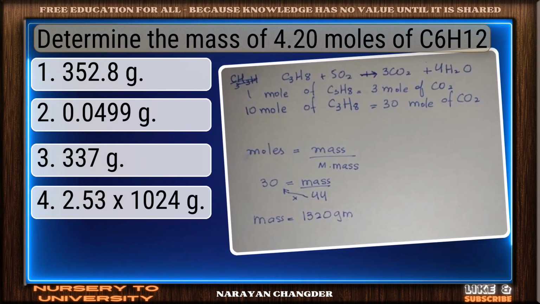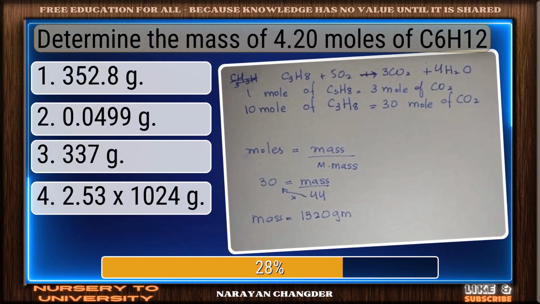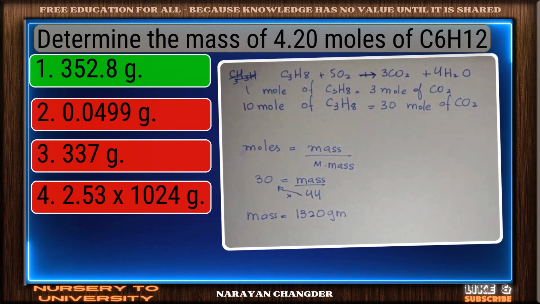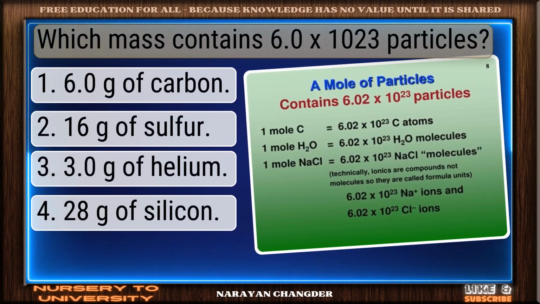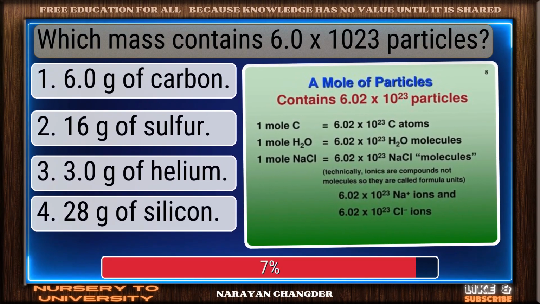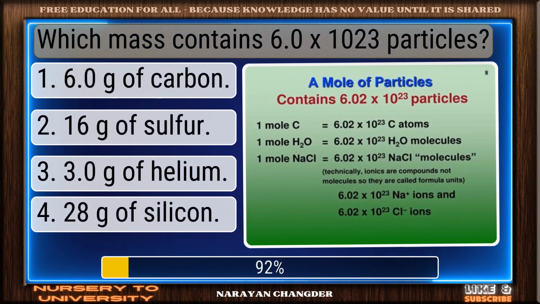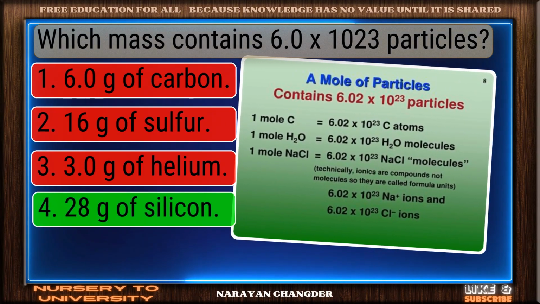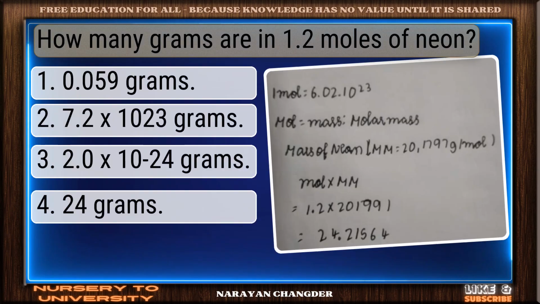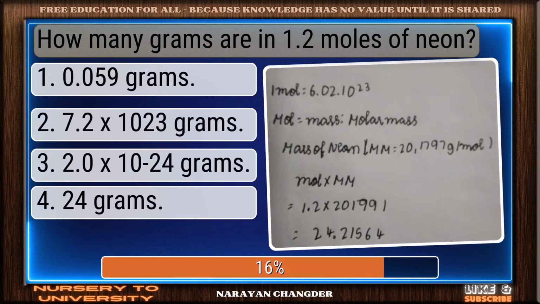Determine the mass of 420 moles of C6H12. Well done. 352 ng is the right choice. Which mass contains 6.02x10^23 particles? Nice work. You chose 28 g of silicon and it is correct. How many grams are in 1.2 moles of neon?